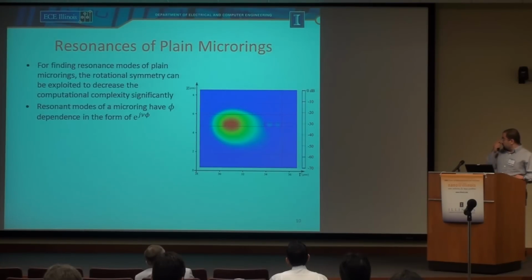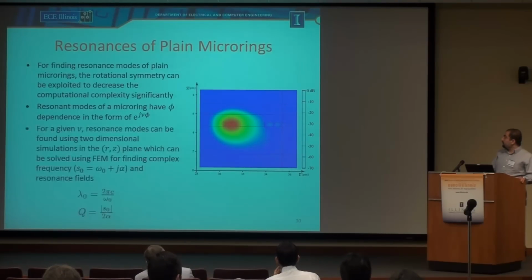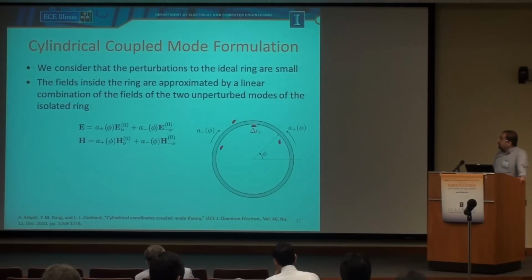The resonances can be found using 2D simulations because the device has cylindrical symmetry. The phi dependence is known because of that cylindrical symmetry. We can solve that two-dimensional problem and find the resonance wavelengths and the quality factor. Then we can use those modes that we found and expand the modes of a device with some perturbations added in terms of those original modes.